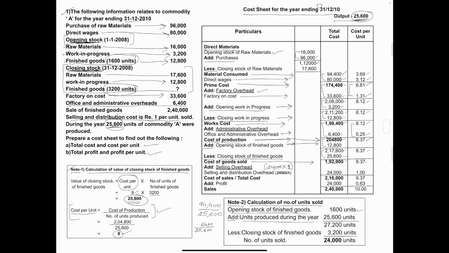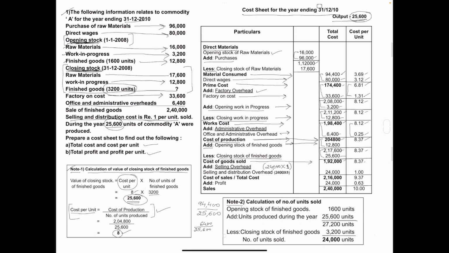In this year they have produced 25,600. Add these two, 1,600 plus 25,600, and the unit is 27,200.